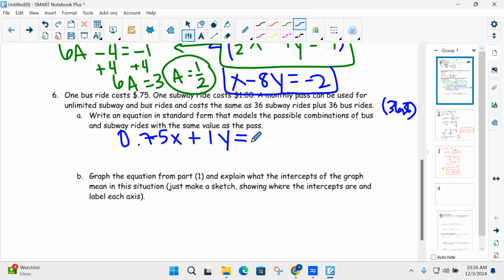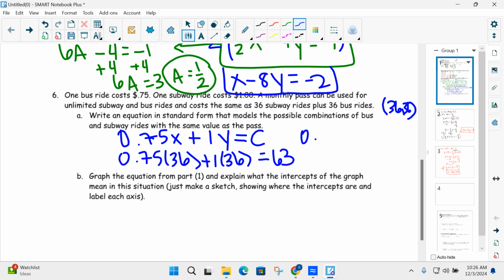So to find C, which is the missing value here, you can plug that in for x and y. So if you do 0.75 times 36 plus 1 times 36, you would get 63. So then the final equation would be 0.75x plus 1y equals 63.